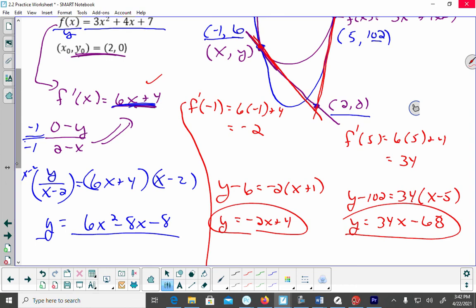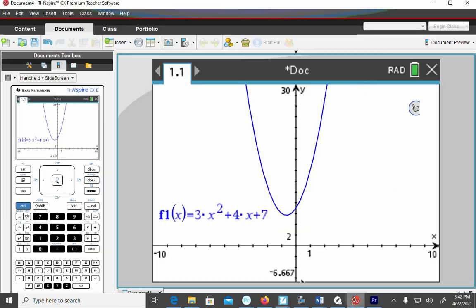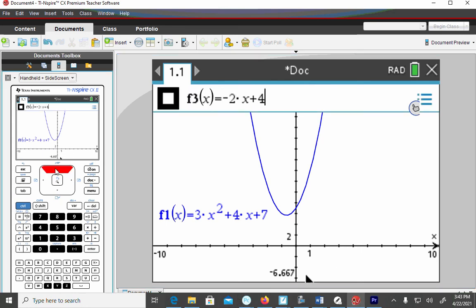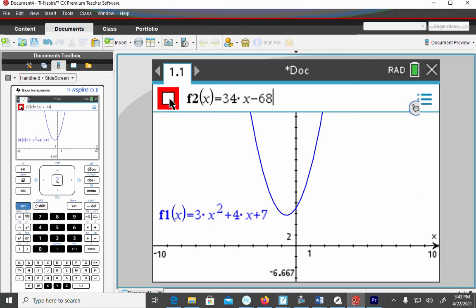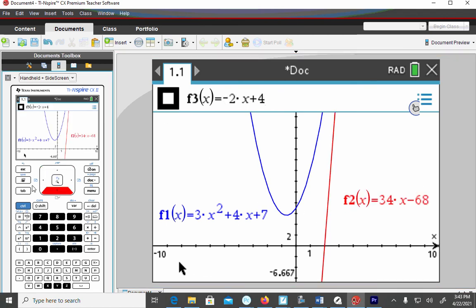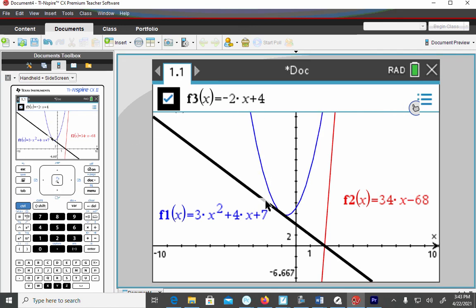So what I did is I went on my calculator, and here's the original equation. I just wanted to check to make sure that these answers made sense. So I graphed both of those lines. So here's the first one, that 34x minus 68. Can't really see it, but I'll get it in a second. And then here's the other one, the -2x plus 4. So here I can see that that definitely looks like a tangent line.